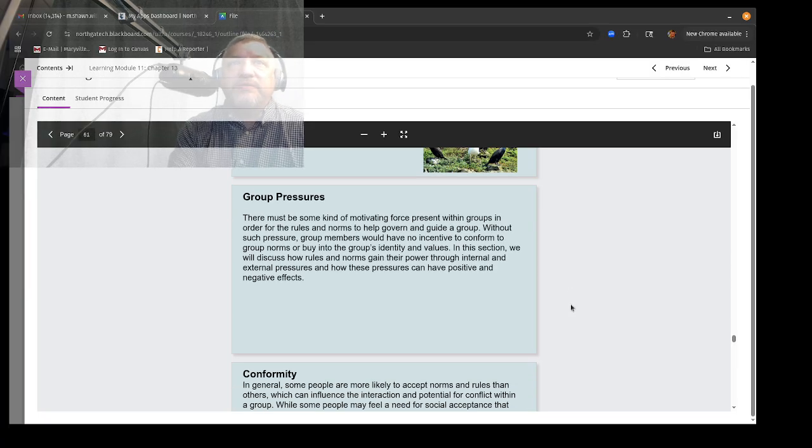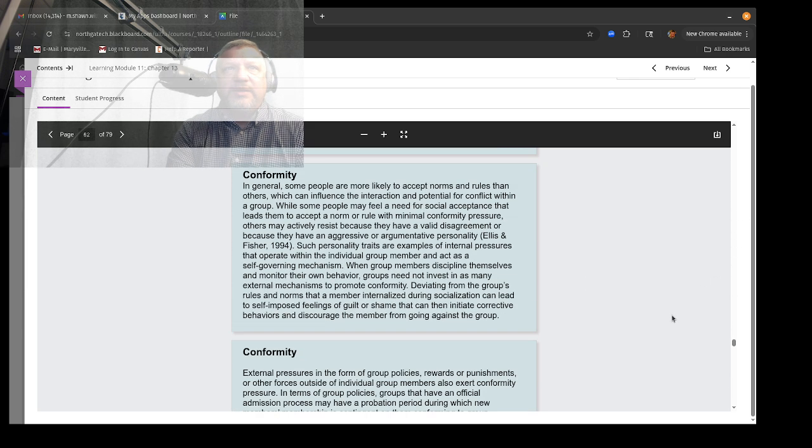Group pressures. Let's talk about group pressures. There are pressures within groups that can be positive or negative, and so we're going to run through those. Conformity forces us to feel somewhat similar and not act out of turn and not be too different from the group's rules and norms.